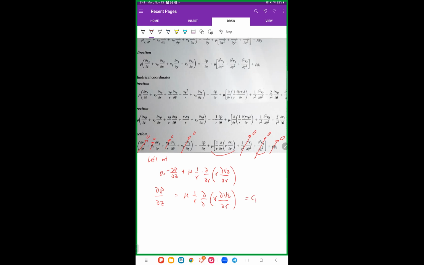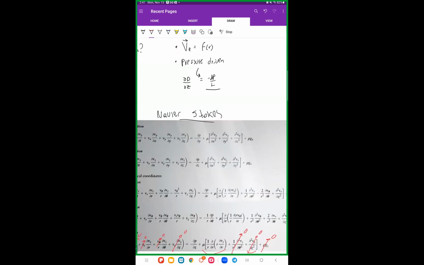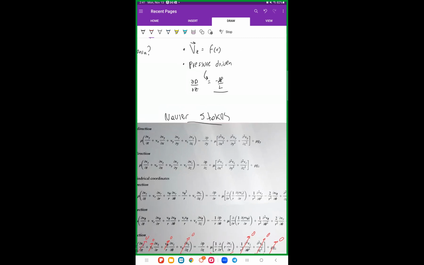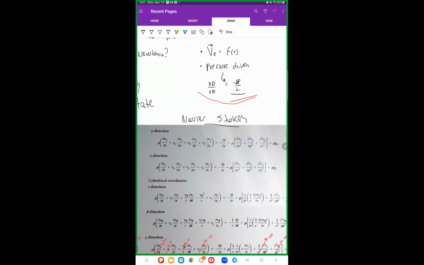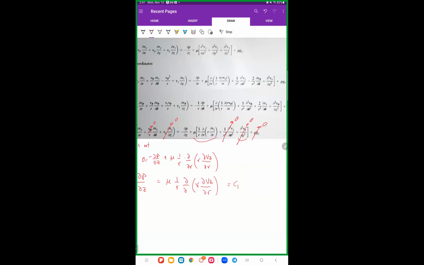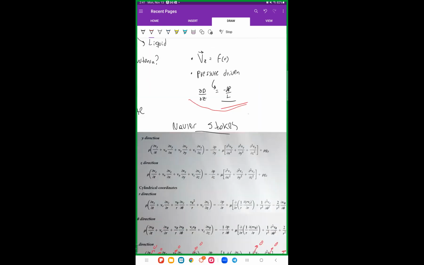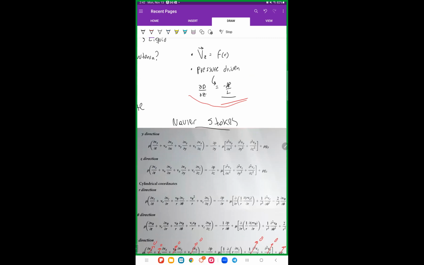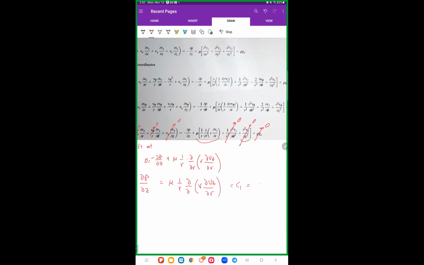Yeah, I think, but I don't remember it. We have it in the assumptions. What do you mean? This guy. Oh, okay. Since our right side in this case is equal to delta P over Z, and we know that delta P over Z is negative P over L, we know that C1 would then be equal to negative delta P over L.